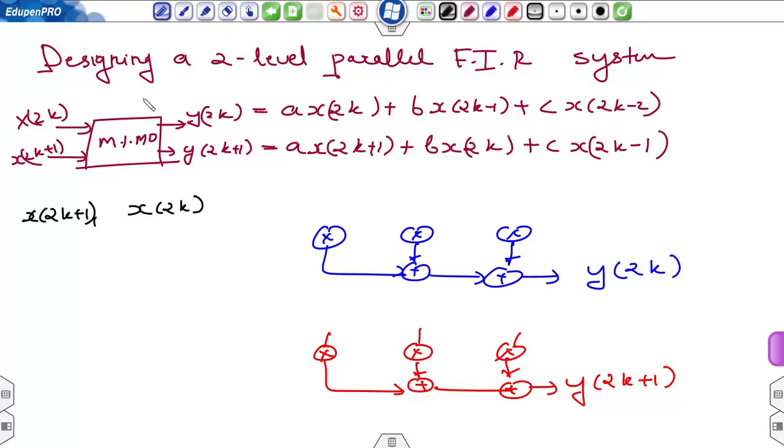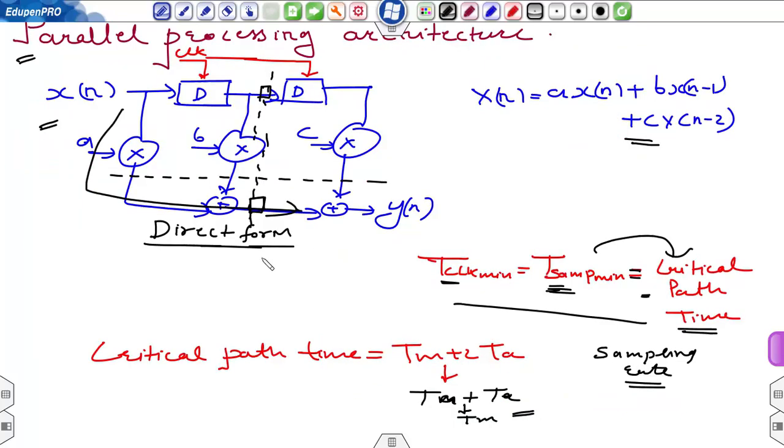Now if I want to design this two level parallel FIR filter, one way of designing this is using this kind of architecture, using one more architecture, and provide even number of samples to one architecture and odd number of samples to the second architecture. Okay, so this you can do, but you will end up using more registers.